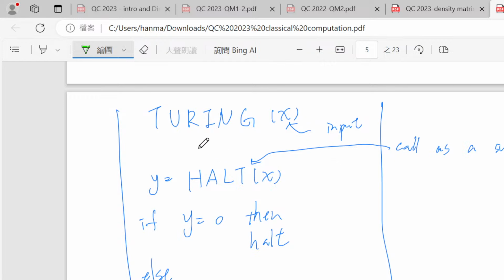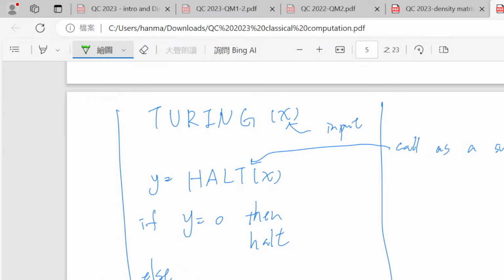And so, back to the Turing construction. Turing x first computes hold of x and calls the number y. Then you do this contradictory reversing. If y equals 0, then the program halts, and else you will loop forever.